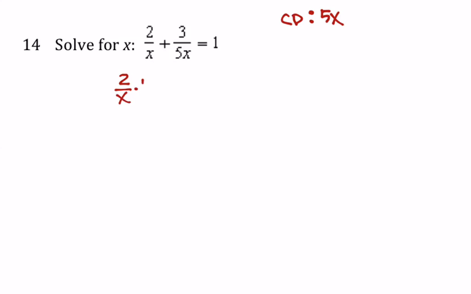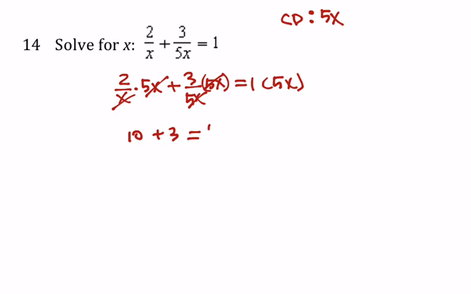So I'm multiplying 5x to all three terms. Now, alright, then x cancels out, we get 10, 5x cancels out, we get 3, equals 5x.